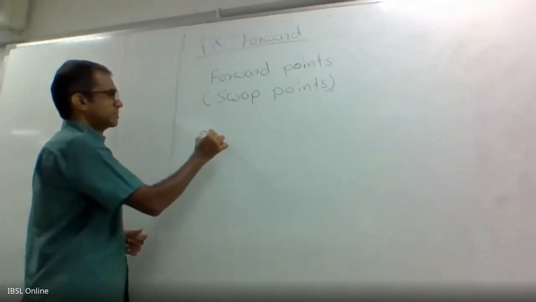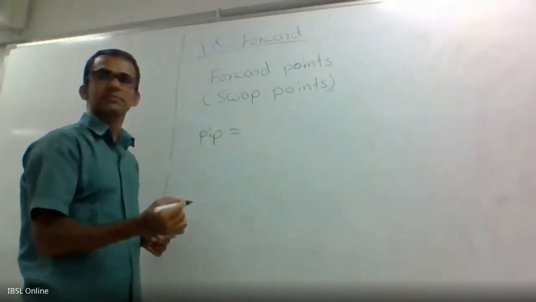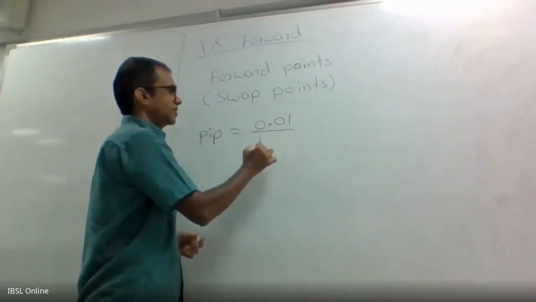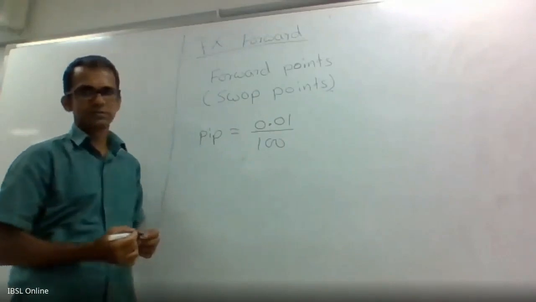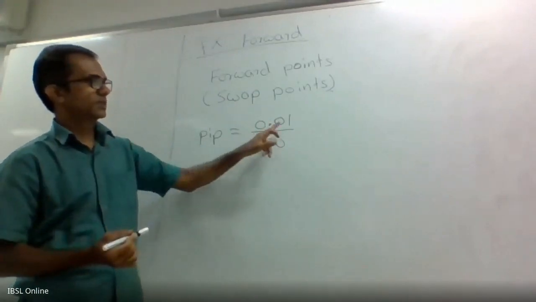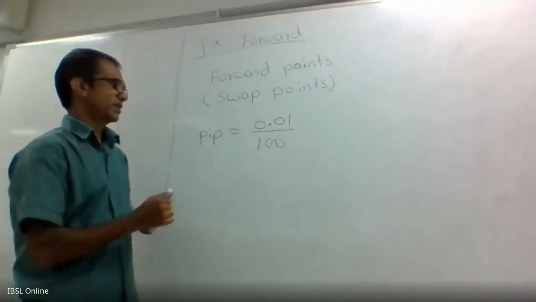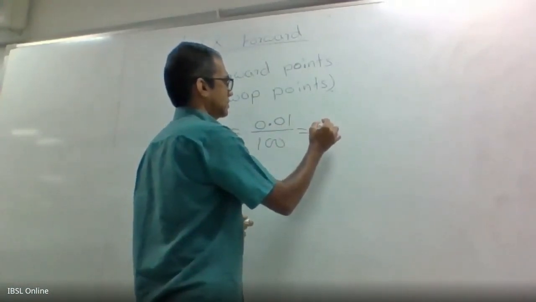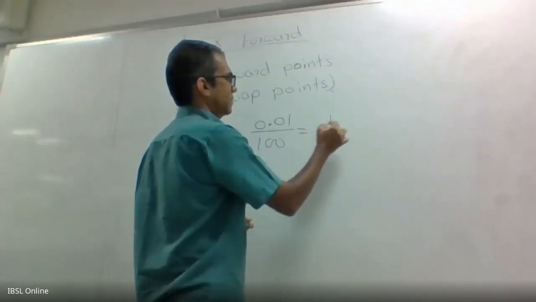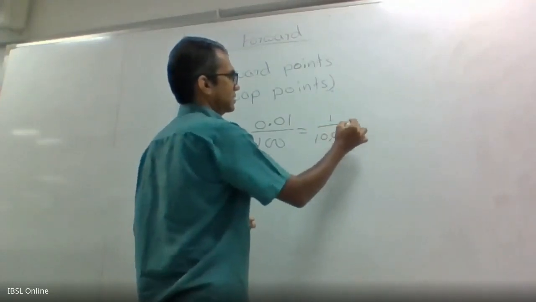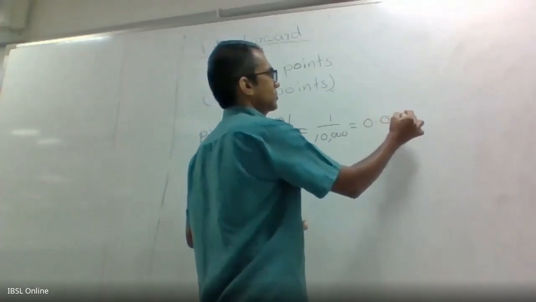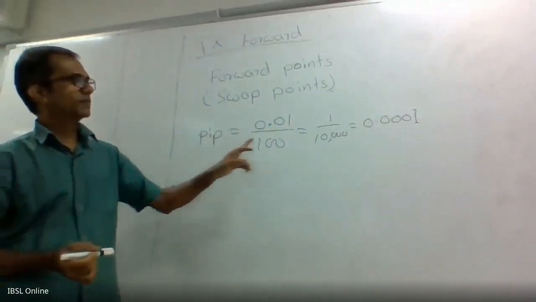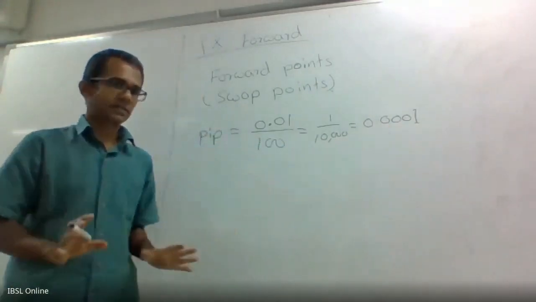What is a pip? 1 pip equals 1/100 of 1%. 1% means 0.01, divided by 100. It's also the same as 1 divided by 10,000, so 0.0001. This is the value of a pip in general.